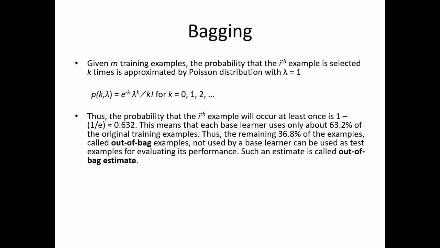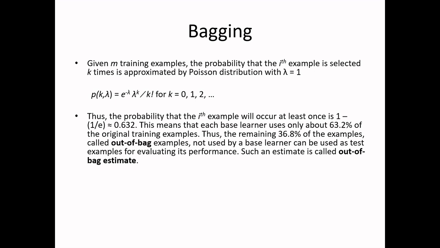From that expression, you can calculate the probability that the ith example will occur at least once, which is given by 1 minus 1 upon e. That is on the right-hand side of the Poisson distribution formula.